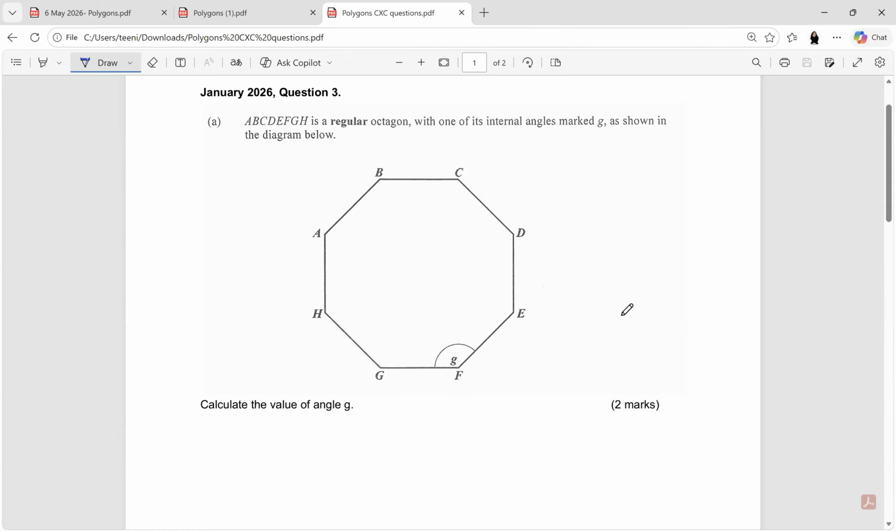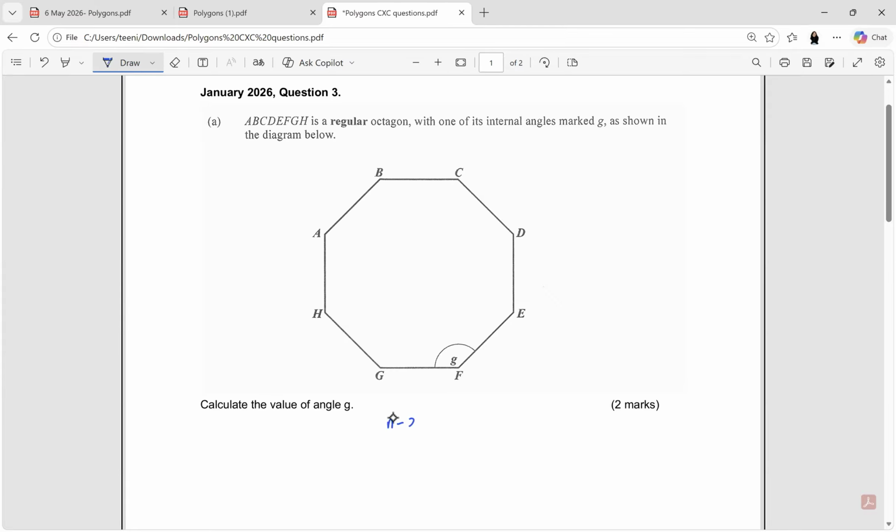Yes, tell me, Zara. 8 minus 2 is 6, times 180, which is 1080. So Zara is using the formula n minus 2 times 180 to calculate. Zara, what is that calculating? 1080.